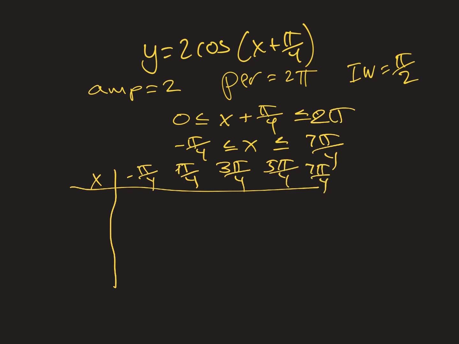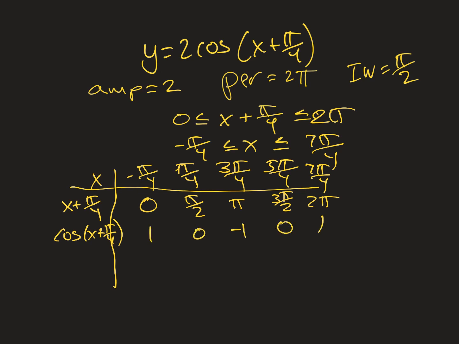When I plug these values in for x, I'm really evaluating 0, pi over 2, pi, 3 pi over 2, and 2 pi. Now when I take the cosine of these, I know the cosine of 0 is 1, 0, negative 1, 0, 1, and then I just multiply these y values by 2. So 2, 0, negative 2, 0, 2.